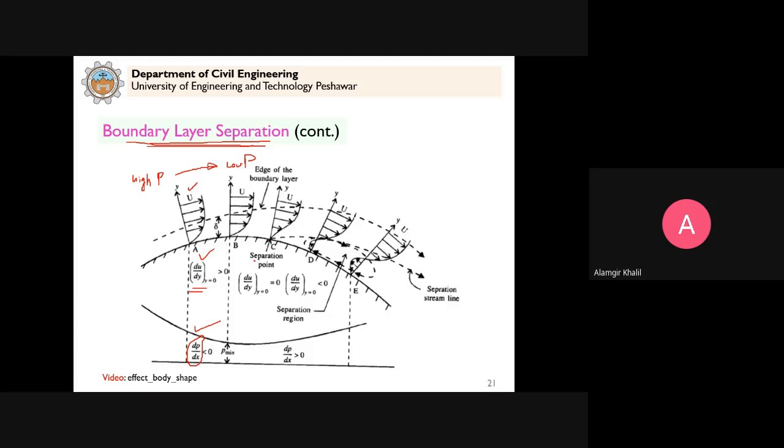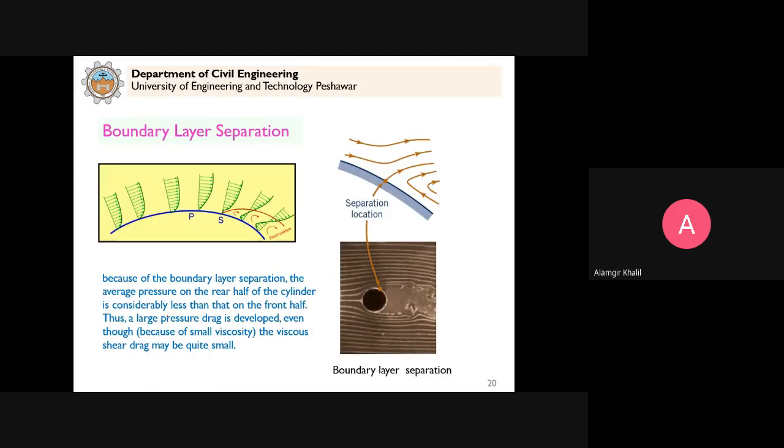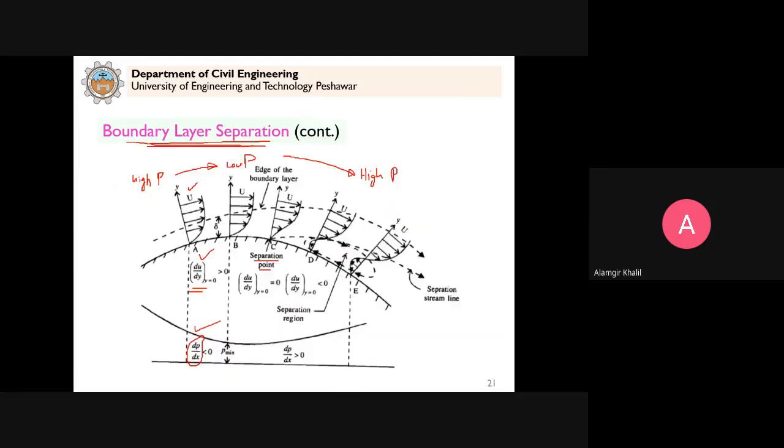Now at the separation point, from this low P we are moving towards high P. As you saw here, the average pressure on the rear half of the cylinder is considerably less than that on the front half. So in this zone we are moving from low pressure to high pressure.